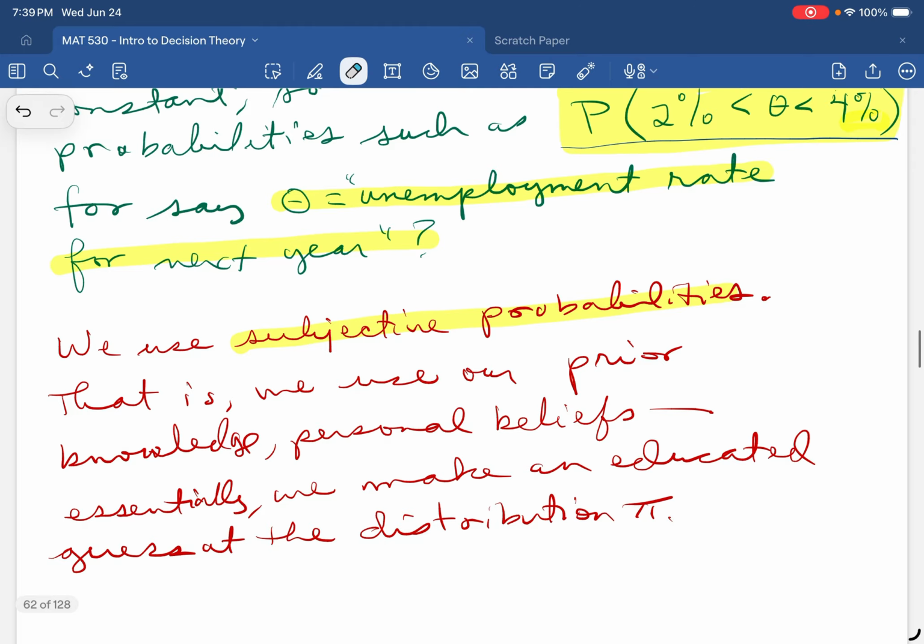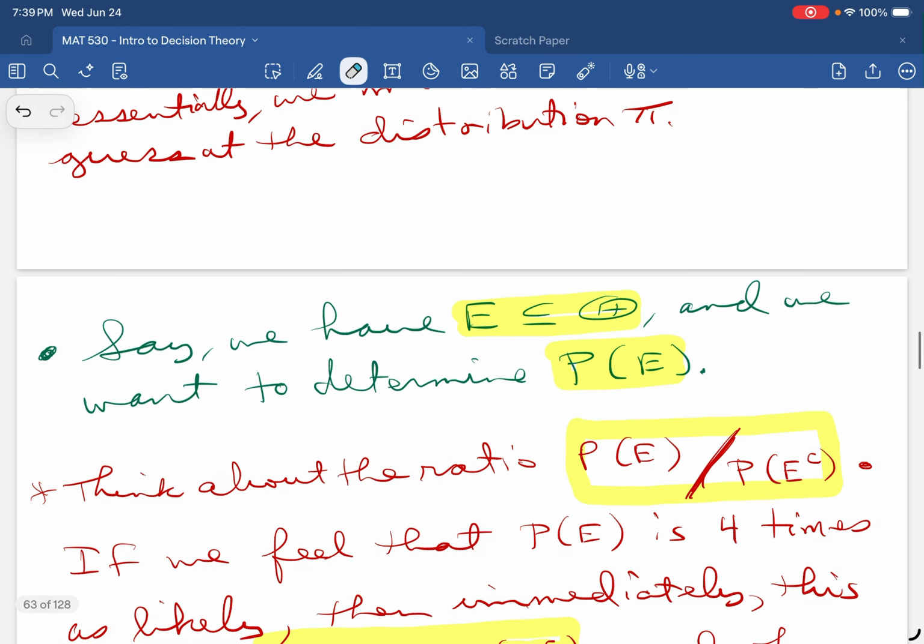So with subjective probability, we use our prior knowledge and we make an educated guess at the distribution pi of theta. So let's suppose we have an event E. So E is some event or some subset of the parameter space, which we think of as an event, and we want to determine the probability of this event. One way that we can do this is to think about the quotient of the probability of the event E to the probability of the event E complement.